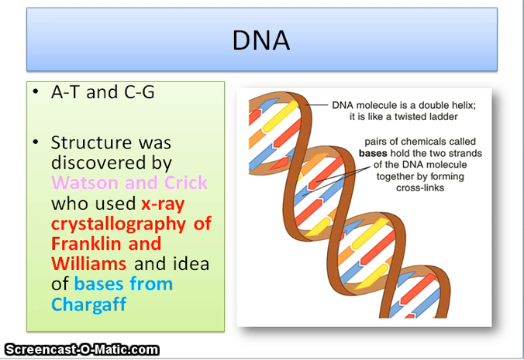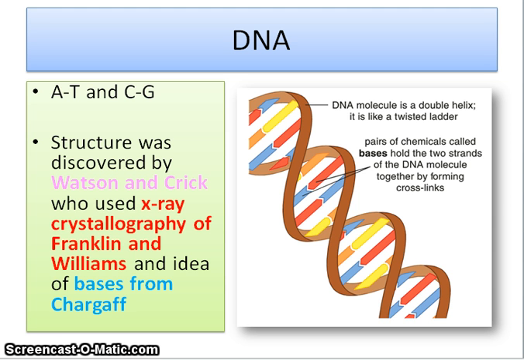The people who are accredited with finding out about DNA are Watson and Crick. In 1953, Watson and Crick were at Cambridge University in the UK, and they used data from the work of other scientists to work out the structure of DNA.